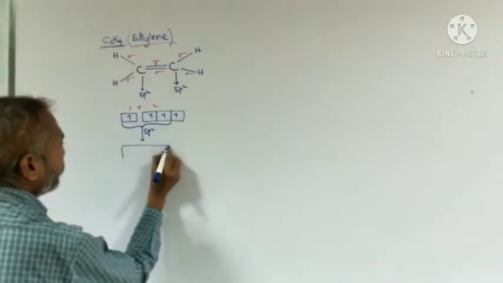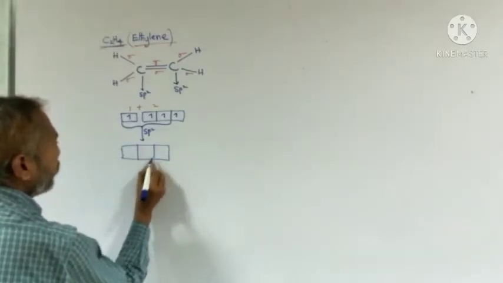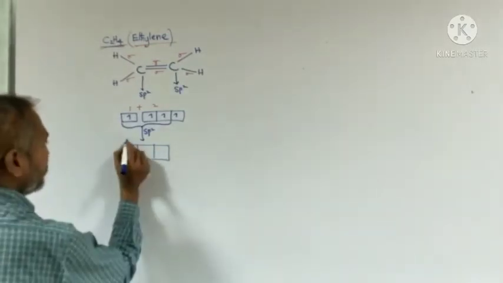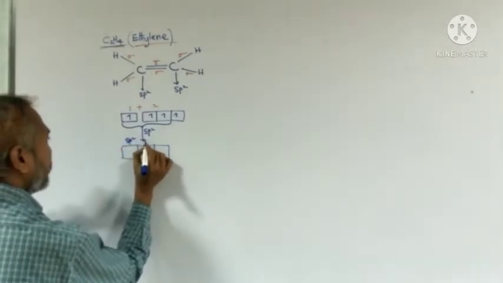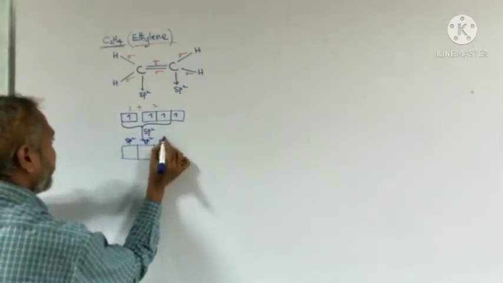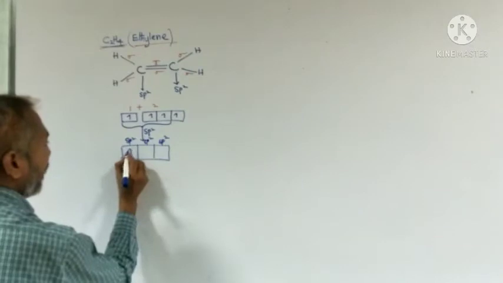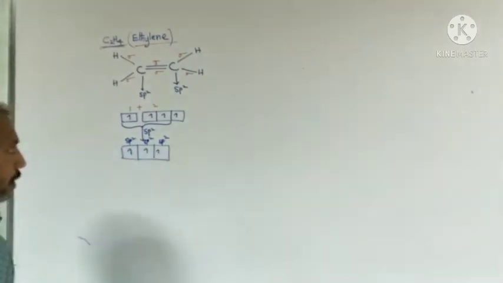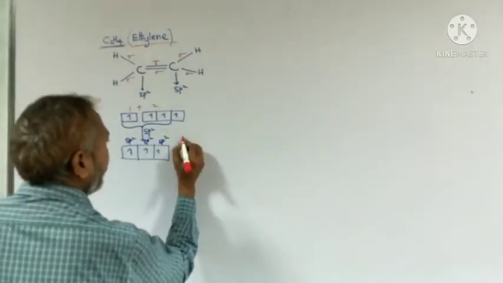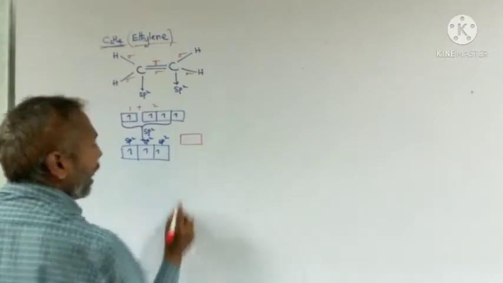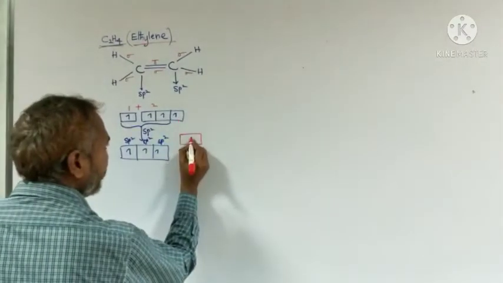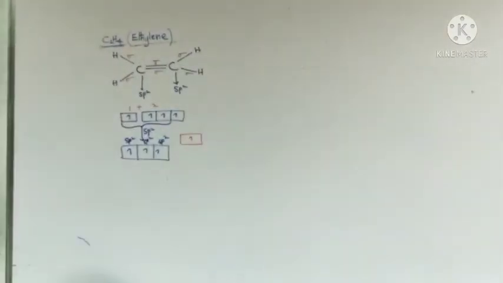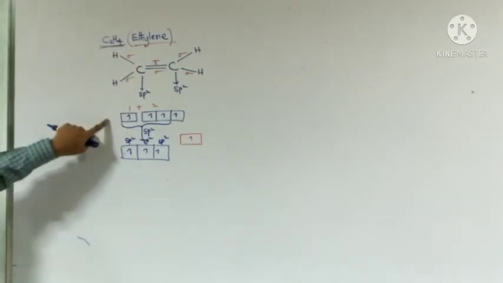It can form 3 equivalent sp2 hybrid orbitals, first, second, third. All contain unpaired electrons. Next, 1 unhybridized p orbital is there, containing 1 unpaired electron. This is the C1 carbon.